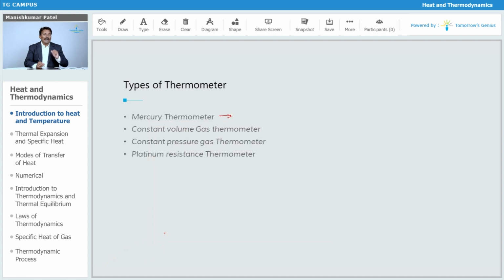In the constant volume gas thermometer, the pressure is going to change according to temperature. In the constant pressure gas thermometer, the volume is going to change according to the temperature. In the platinum resistance thermometer, the resistance is going to change according to your temperature. All these are the types of thermometer that we can use.